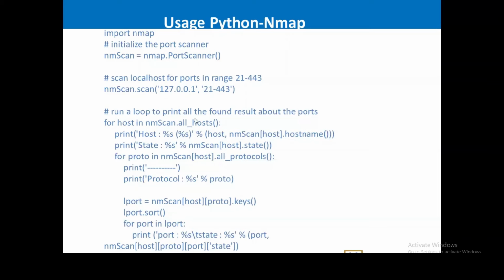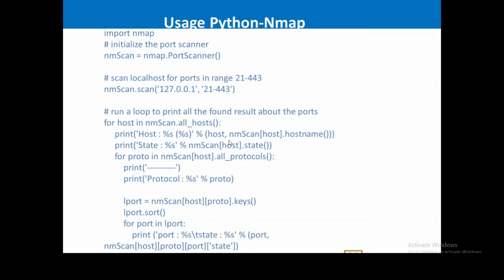So if you want to run a loop to print all the found results about the ports, you can use this. Mind you, this is the variable that has been declared. You can use all those functions, and so you can start your for statements. So you print all the hosts.